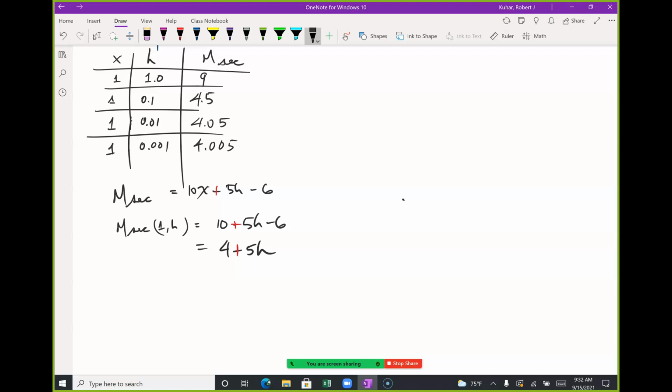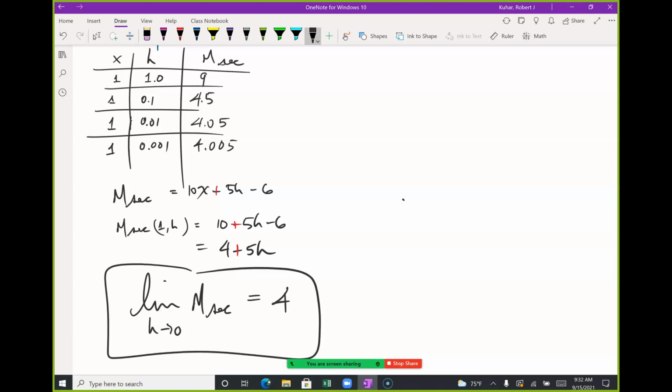So you can really make the prediction now what happens when h goes to 0. We're talking about the limit as h goes to 0 of my secant slope. It's going to 4. Everyone agree with that? So that's the slope of my tangent line.